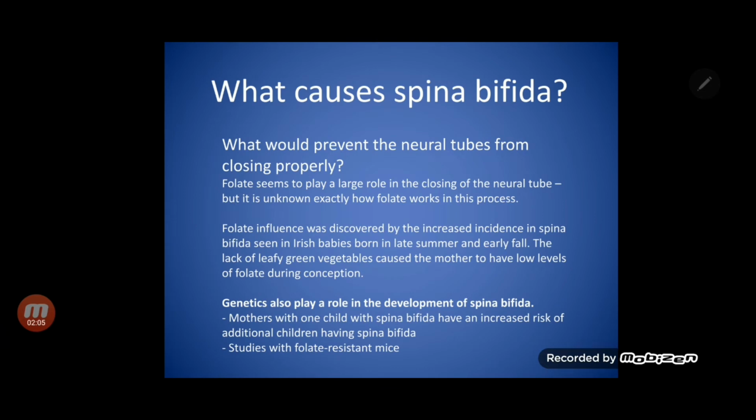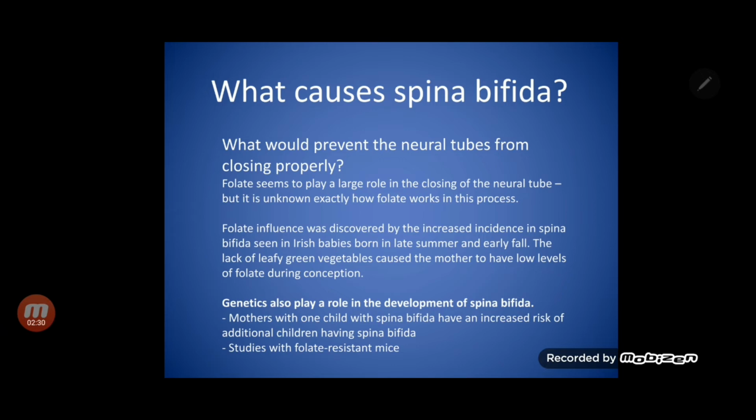What causes spina bifida and how can it be prevented? What would prevent the neural tube from closing properly? Folate seems to play a large role in the closing of the neural tube, but it's unknown exactly how folate works in this process. Folate's influence was discovered by the increased incidence of spina bifida seen in Irish babies born in the late summer and early fall.